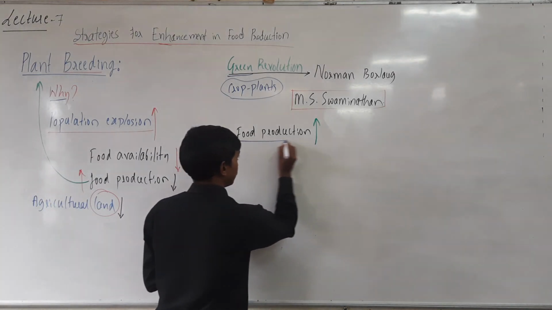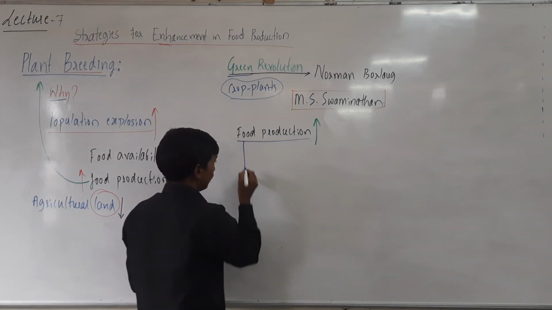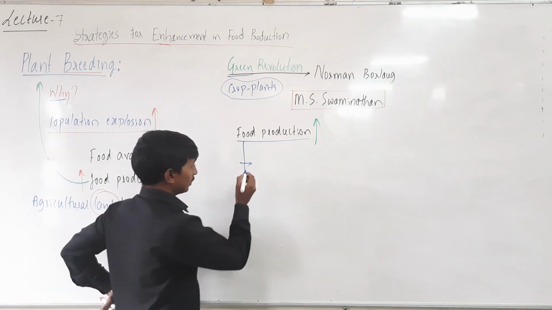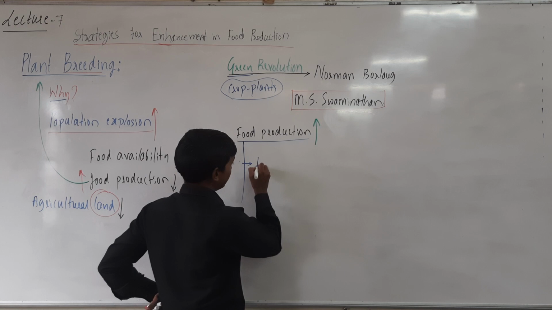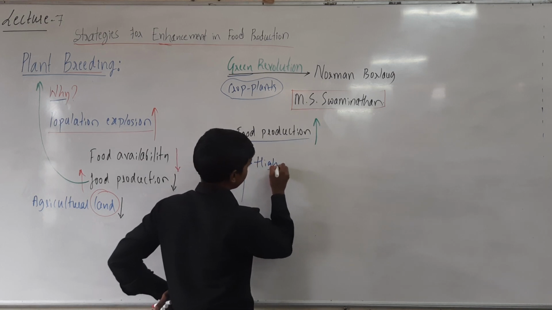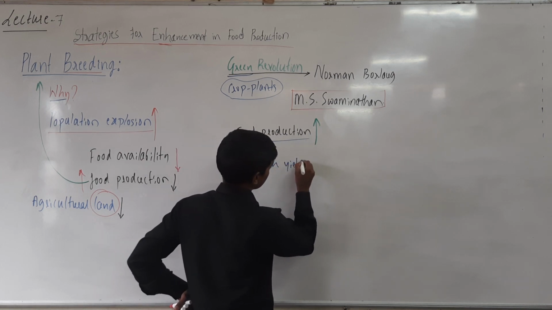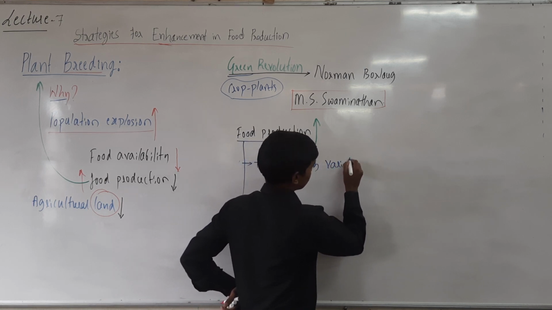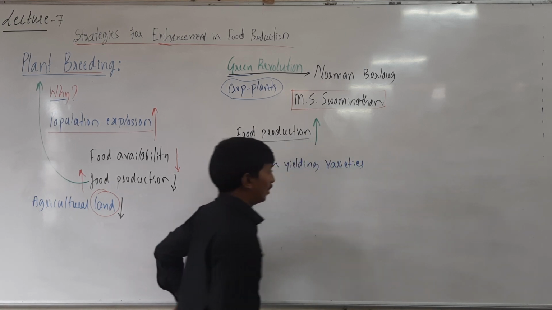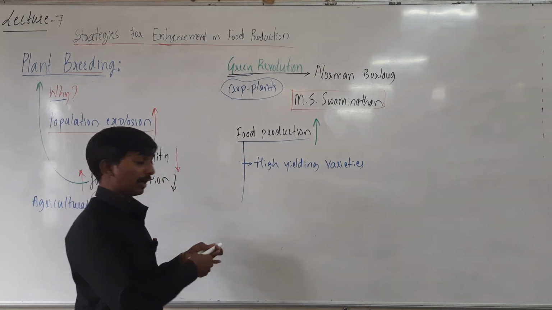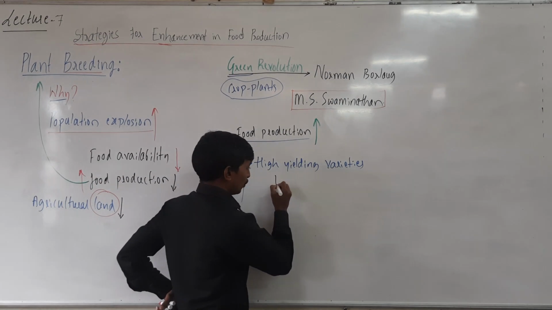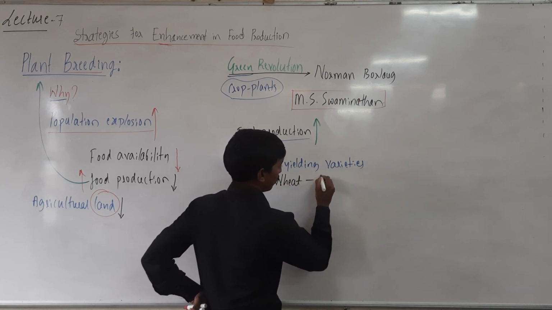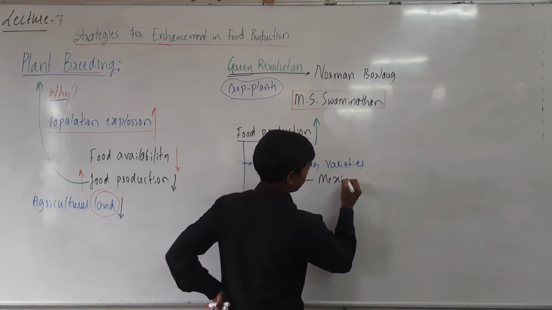So, food production can be increased firstly by using better yielding varieties, or high yielding varieties. Mainly they have brought the varieties of wheat from Mexico.